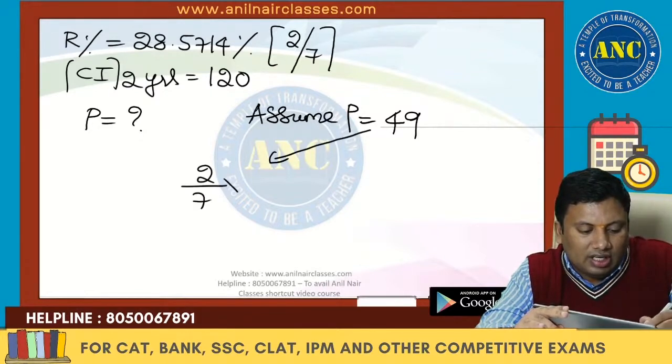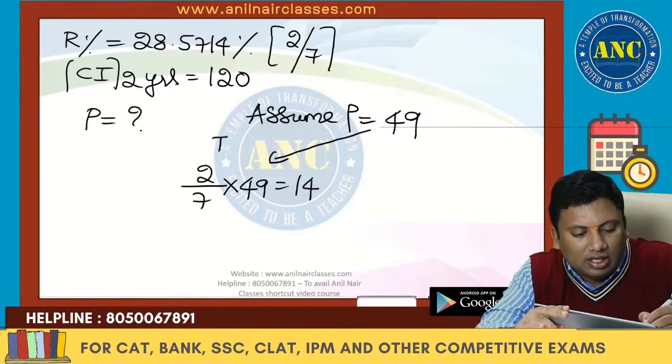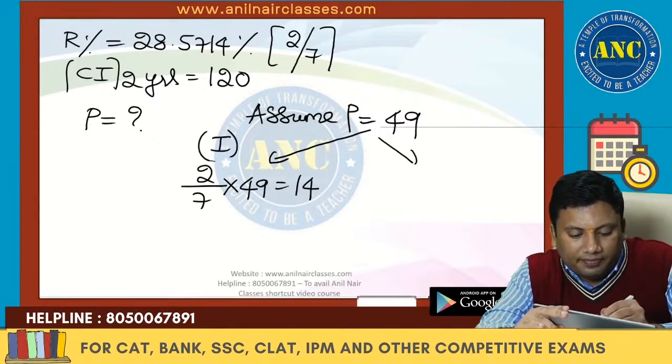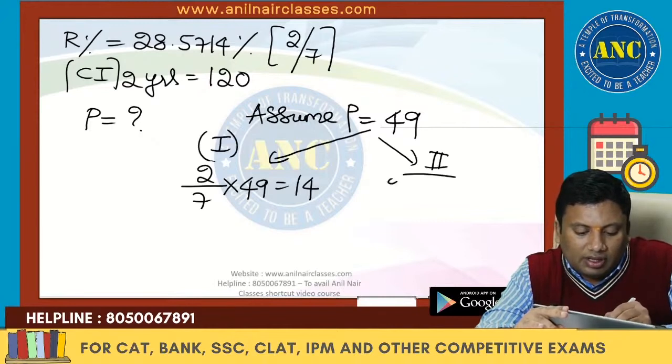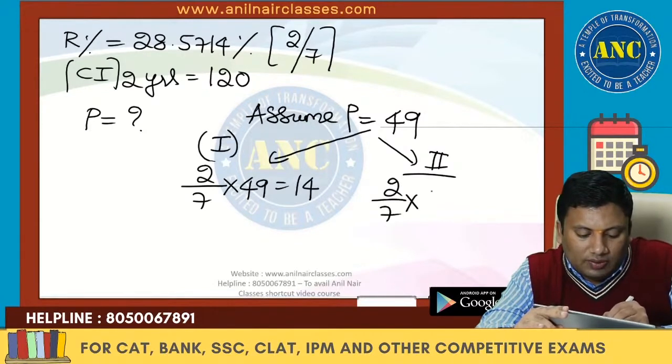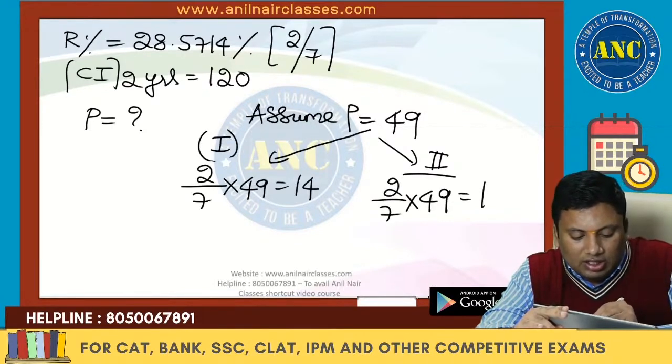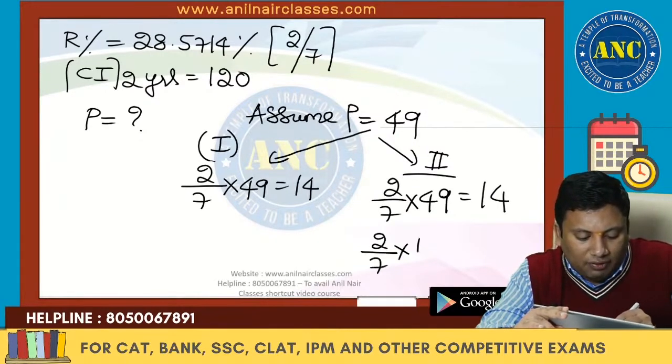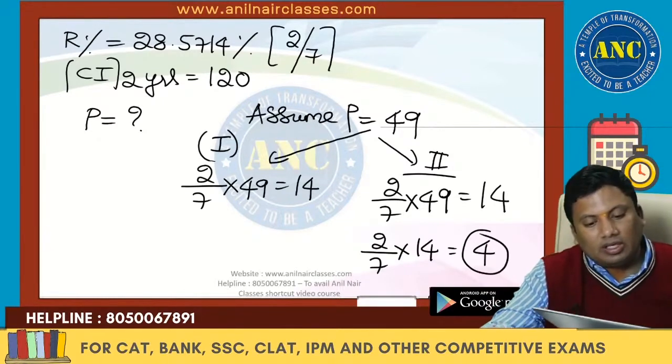First year it is 2/7 of 49, which is 14. Second year it is 2/7 of 49, which is 14, and here it is 2 by 7 of 14, which is nothing but 4.